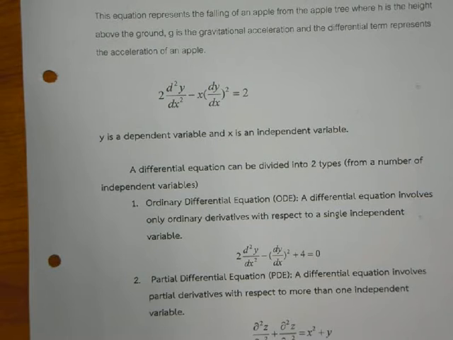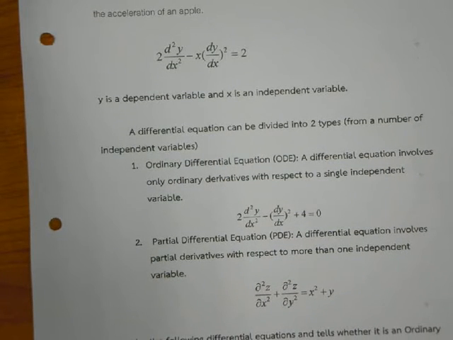And the second type we call the partial differential equation, or PDE. P is from partial. In this case, we have more than one independent variable. The simplest thing that can help you distinguish between these two types of differential equation is the sign that you use.